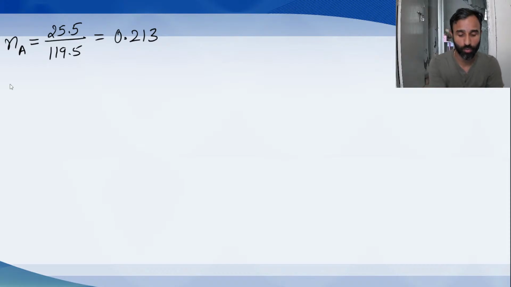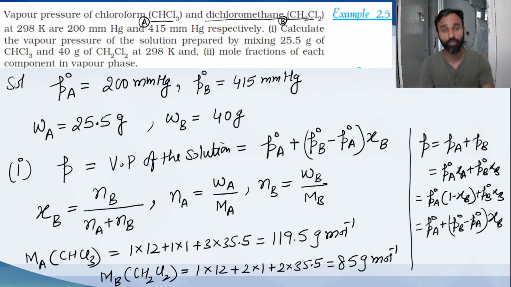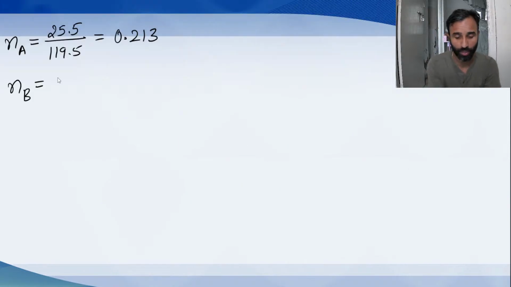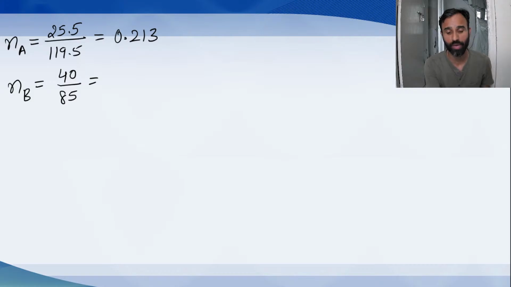Okay, now number of moles of B. So now weight is 40 over 85. It is 0.471.